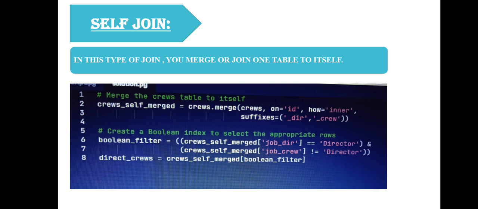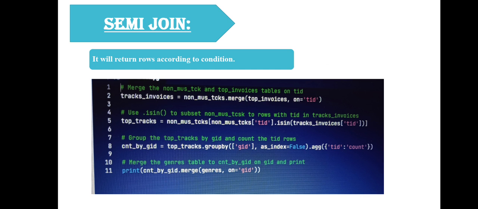Self join. In this type of join, you merge or join one table to itself. Next is advanced merging. In advanced merging, we will first see semi join, which will return rows according to a given condition. In the given query, merge the non-merged tracks and top invoices tables on it.